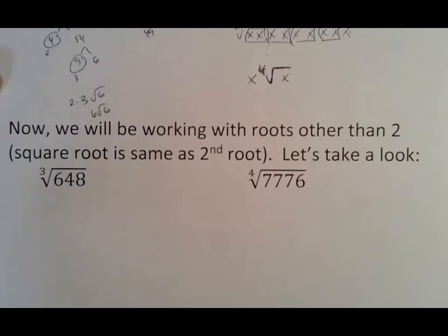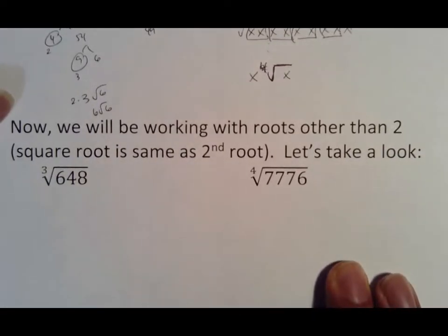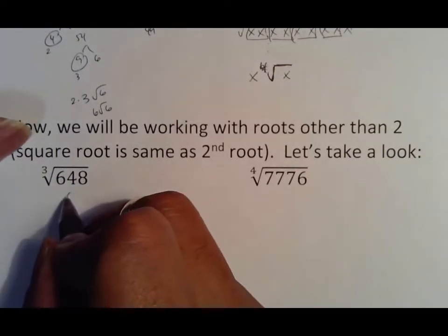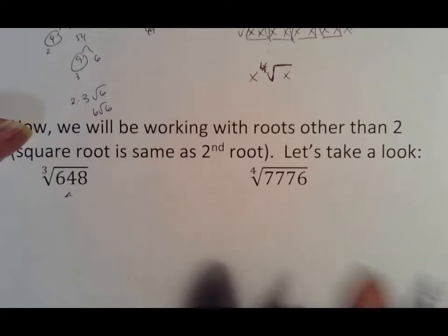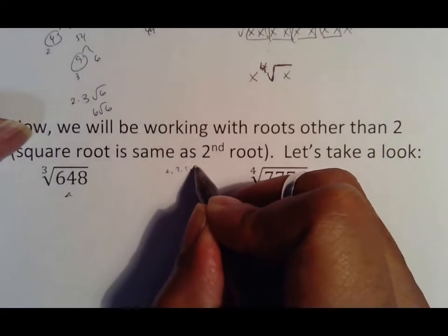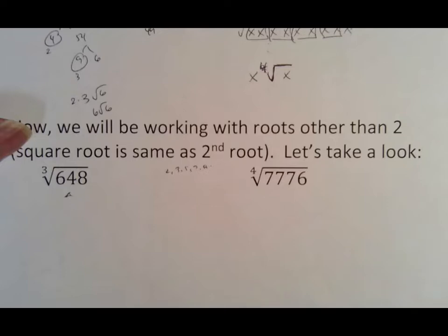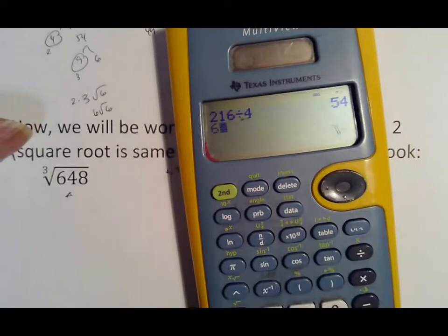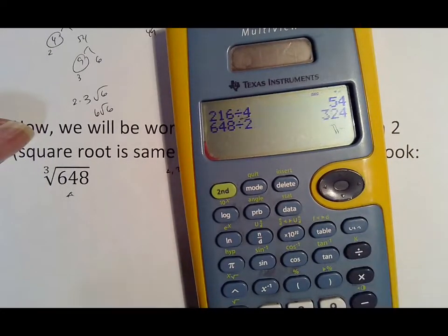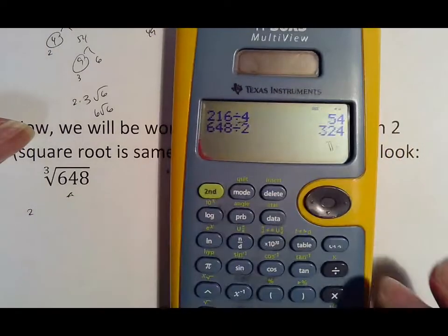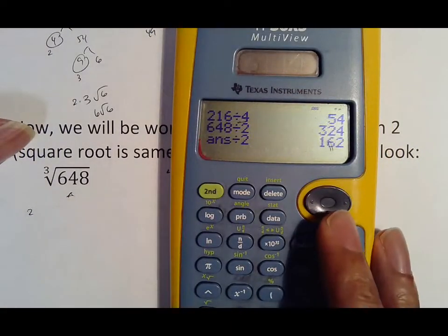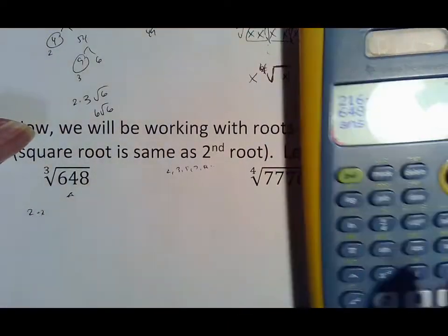One way to do that, third root of 648, is to just do the prime factorization. So what we're going to do is break 648 down into 2s, 3s, 5s, 7s, and 11s, and so on. 648 divided by 2 is 324. Divided by 2 is 162.